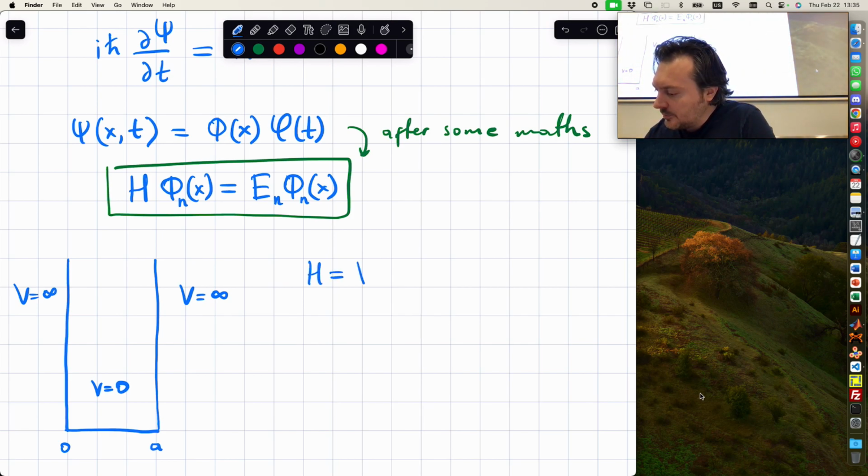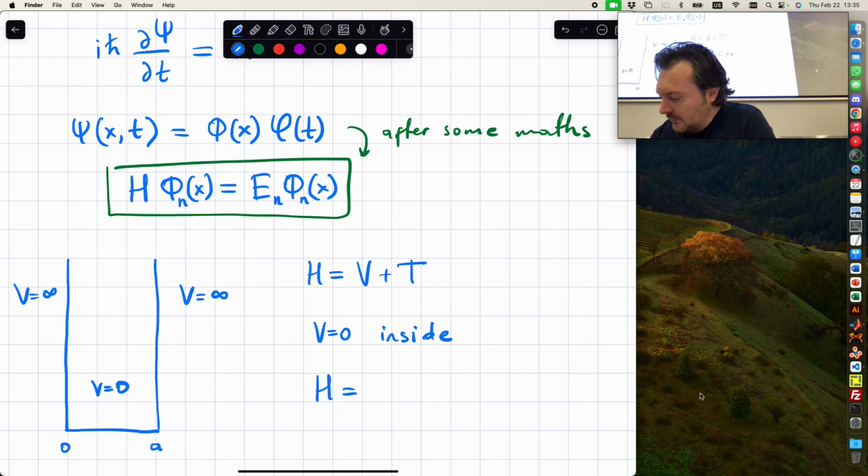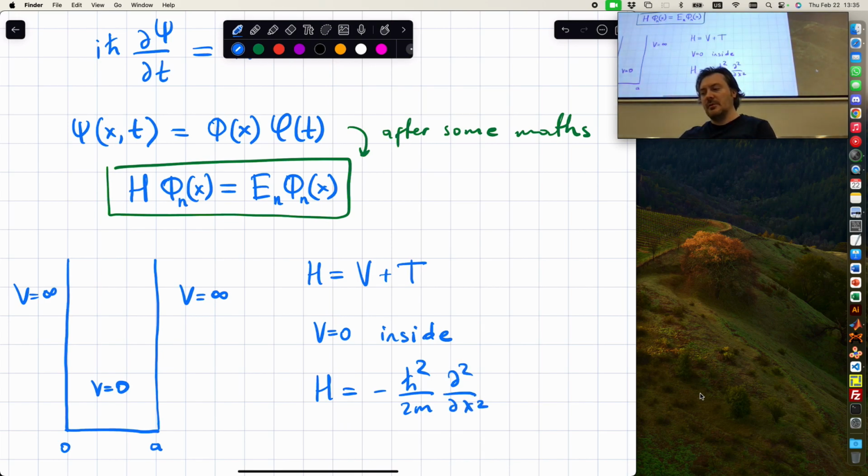Hamiltonian is potential plus kinetic, right? Inside, the potential is 0. So all you have as a Hamiltonian is just minus h bar squared over 2m del squared over del x squared. All you have is kinetic energy.